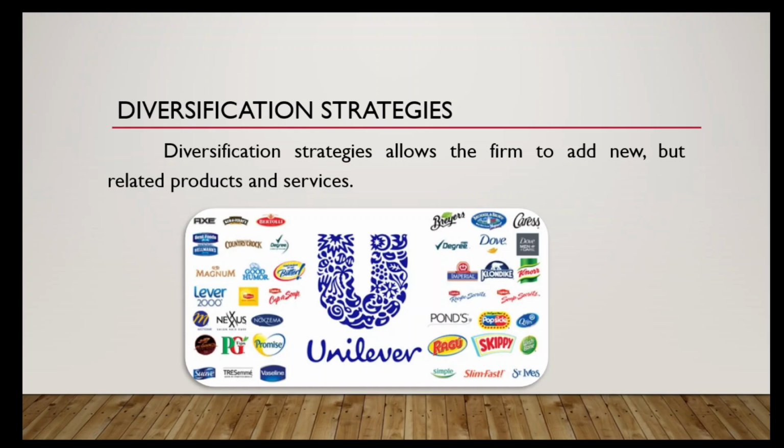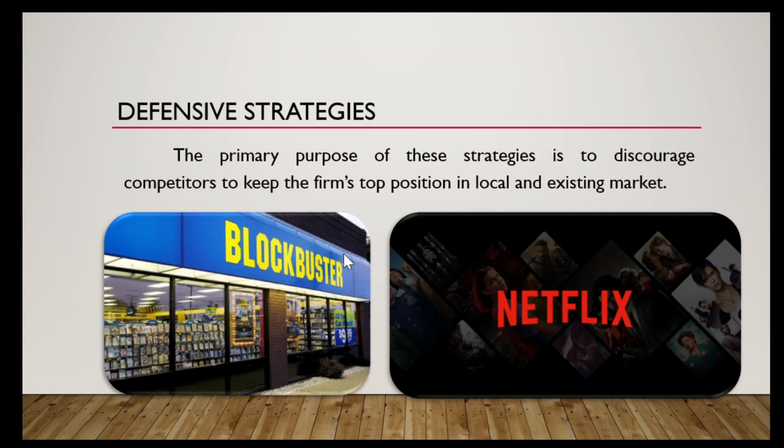So malaking advantage yon for Unilever. Same production technology, then nag-create siya ng variation of products. Similar suppliers and come up with food and refreshment products. Okay? And then, we have defensive strategies.